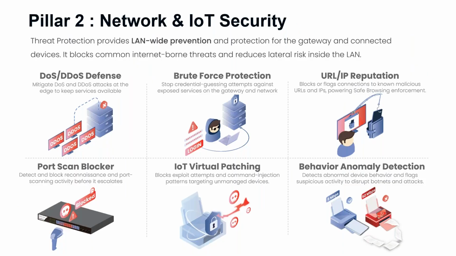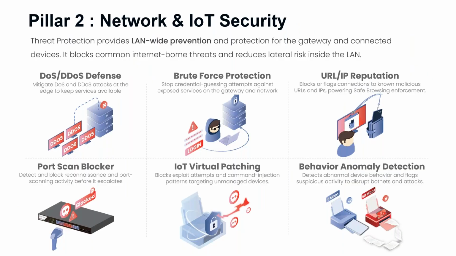Then we have IoT virtual patching, which prevents any known exploits that potentially come in. So if a device has a vulnerability and it hasn't been patched, the router could potentially block that and provide a virtual patch, and block the attempted command injection against a targeted unmanaged device.